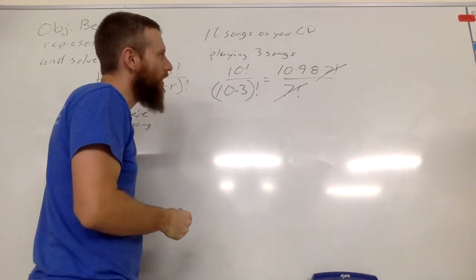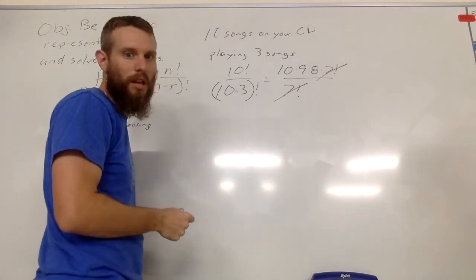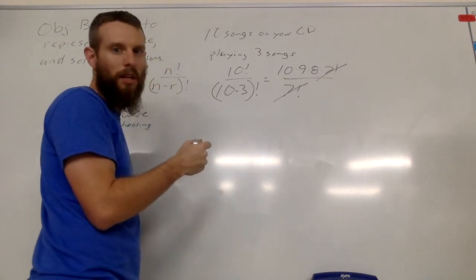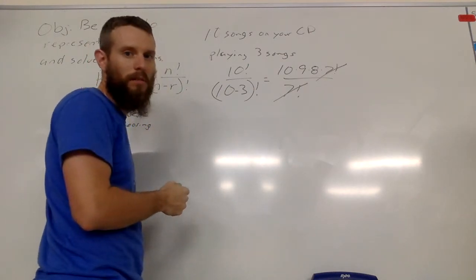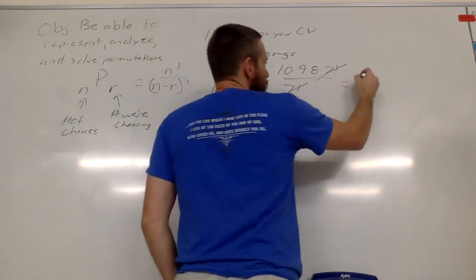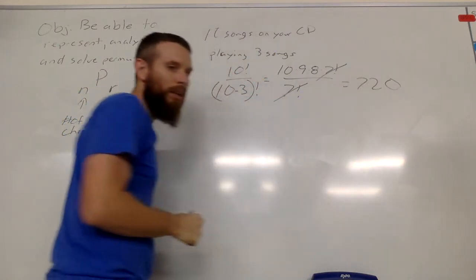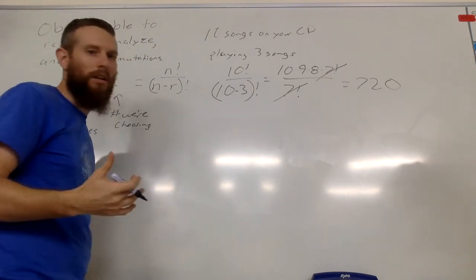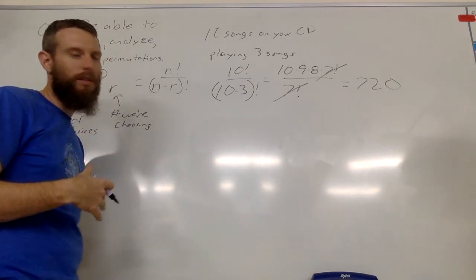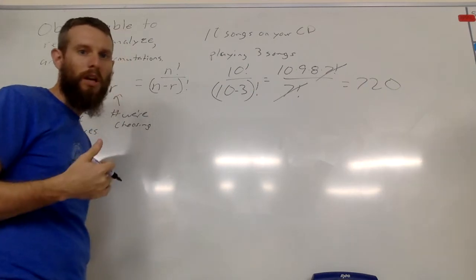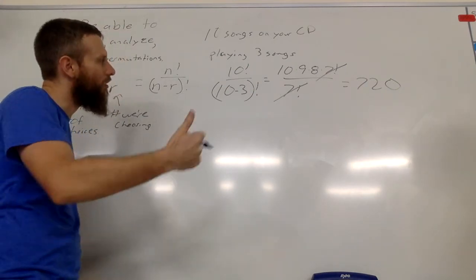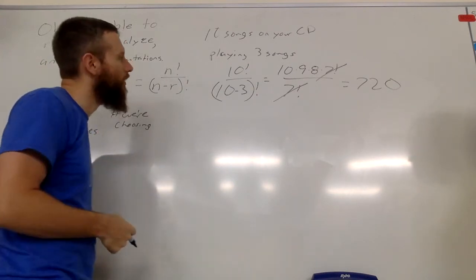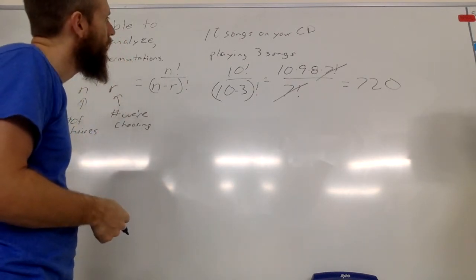Then we're left with 10 times 9 times 8 over 1, which just makes it a whole number. 10 times 9 is 90, and 90 times 8 is 720. So out of 10 songs on a CD, if you push shuffle, there would be 720 different ways that you could play the first 3 songs, or the order of the 3 songs.